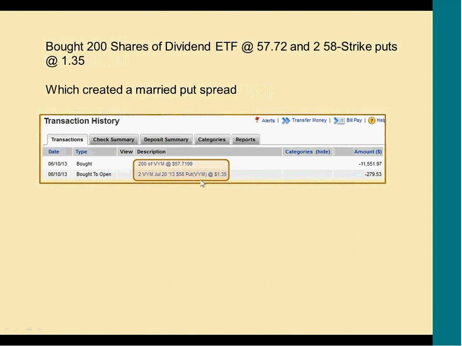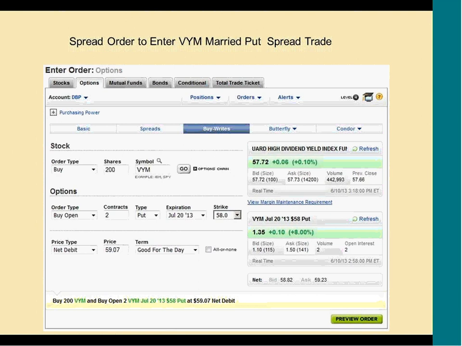And this is a shot of the married put calculator trade, and this will calculate the profit loss potential for this trade, assuming various ranges in the ETF, in this example from a 30% increase price to a 60% decrease in price.